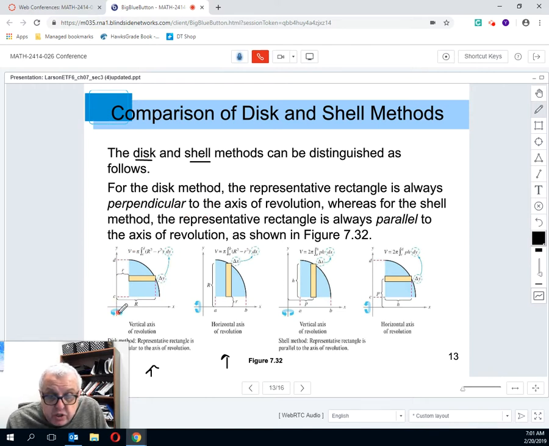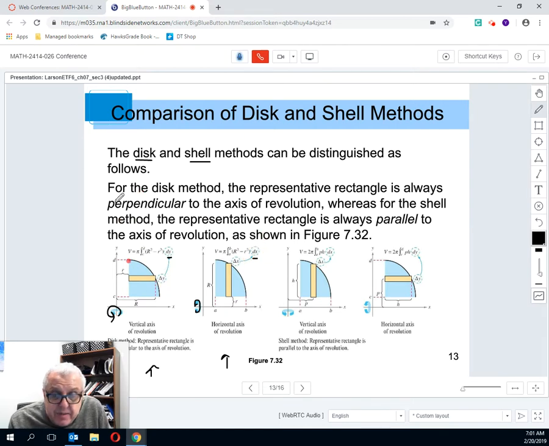If you look at this first one, if we rotate around the y-axis, do you notice they're using y as the variable? And in the disk method, once again, if you use x as the rotating axis, then you're using x as the variable.